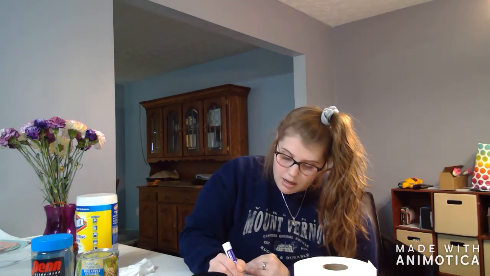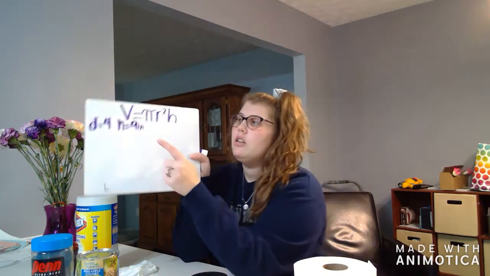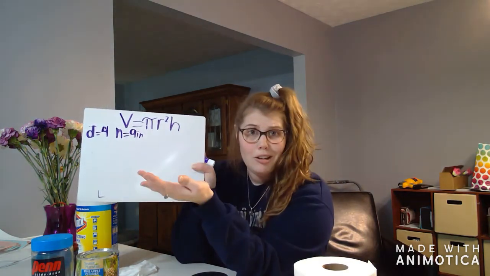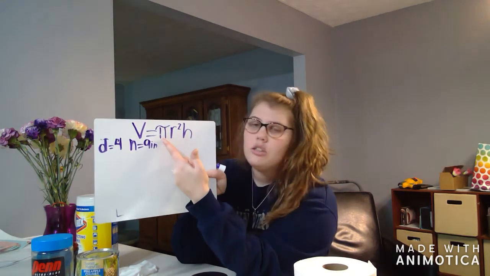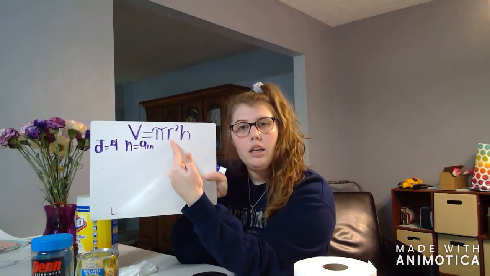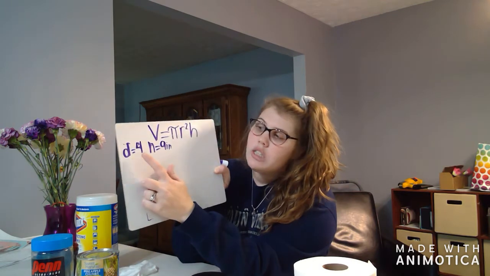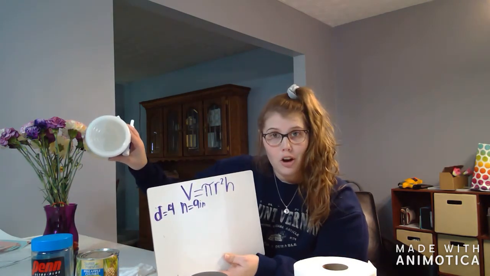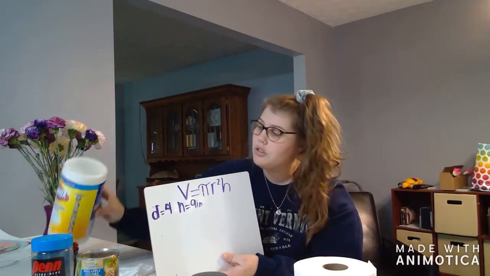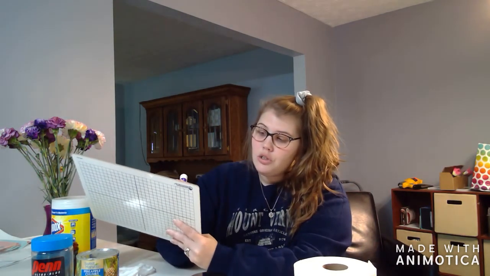But we don't want the diameter. Nowhere in here does the formula say diameter. So what do we need? We have our h, pi is all the same, so we need our radius. And our radius is just half of the diameter, because remember, diameter goes all the way across, radius only goes halfway across the circle. So 4 divided by 2 is 2, so our radius is 2.